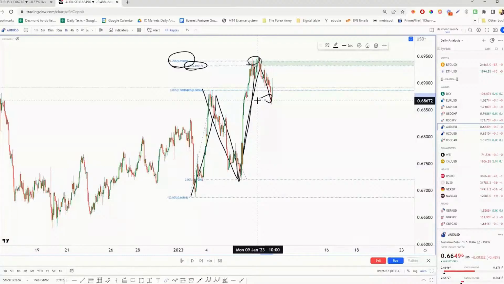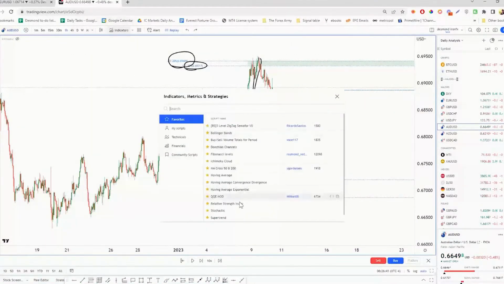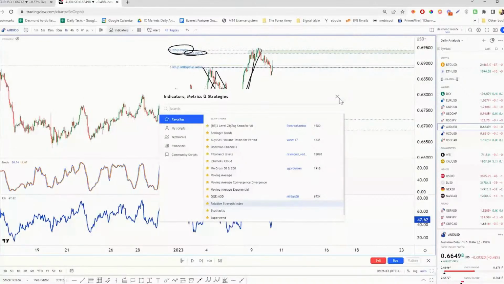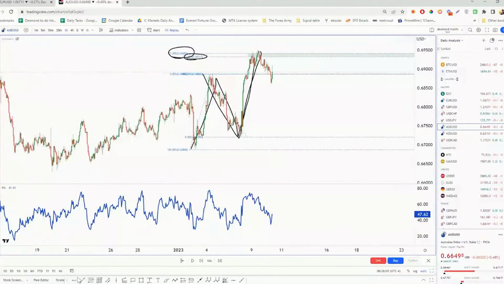Now, if you really want to improve your probability of getting a good trade, I believe you could throw in a little bit of RSI. Because you can see over here for the RSI, when price was starting to do the reversal at the key level, it was a bearish divergence.